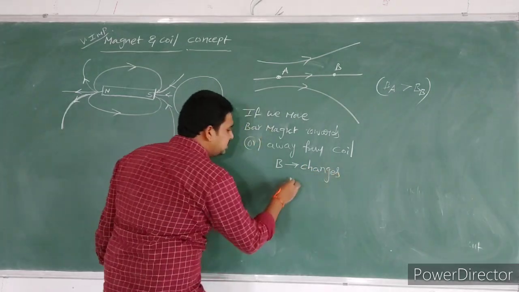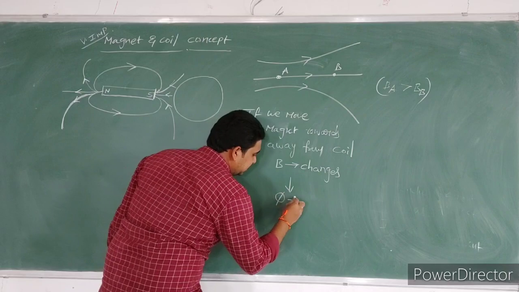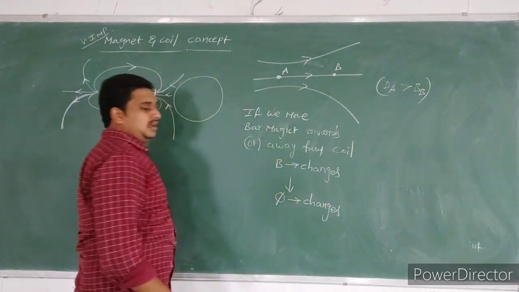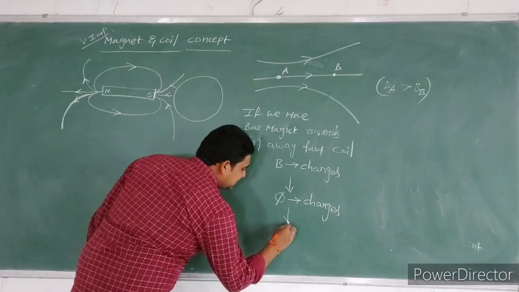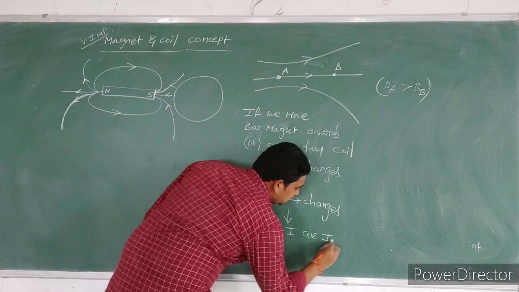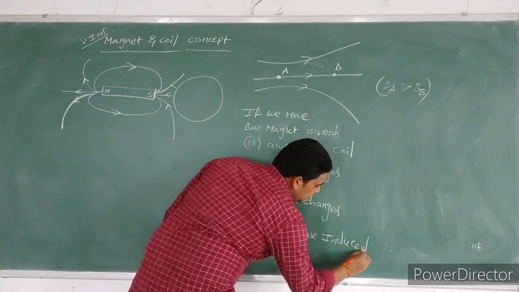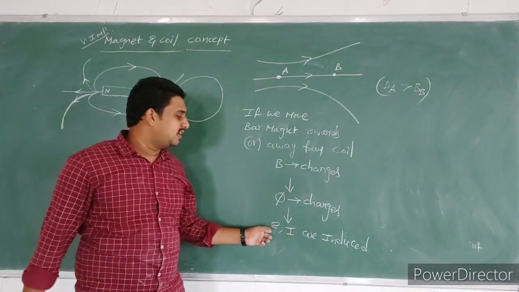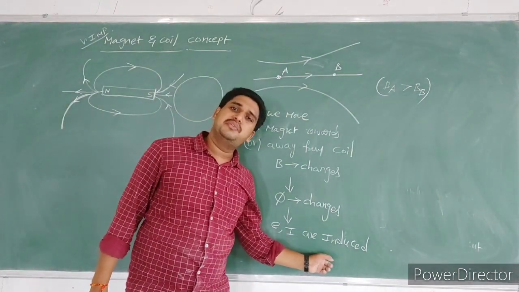If the magnetic field changes, then the flux changes. If the flux changes, EMF is induced. EMF and electric current are induced. Here EMF is indicated with E, electric current is indicated with I. EMF and electric current are induced according to Faraday.